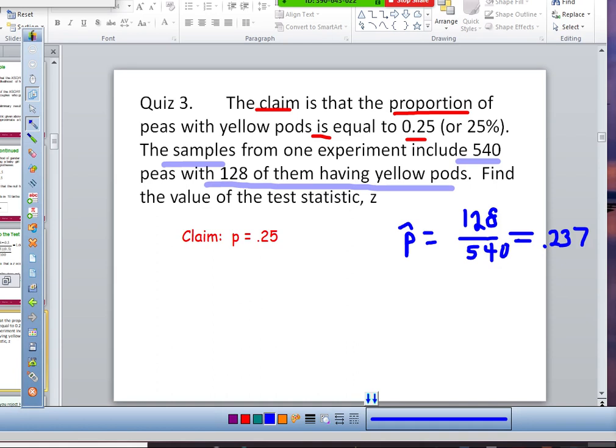Let's see if I can get my board to work. Wouldn't that be a miracle? So then we're going to use our formula to figure out our test stat. Oops, it's a little bit off. Come on. Nope, it's just not going to go. That's all right.